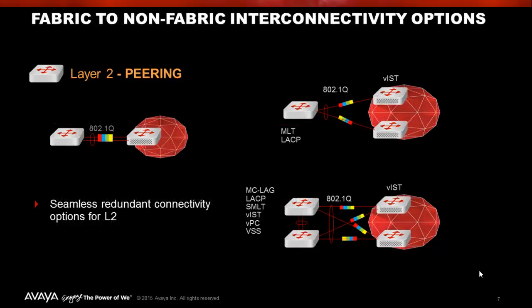Now, in order to really go further in the dialogue, we need to look at the tools involved. So the first set of tools we have are the layer 2 peering methods, and this is basically the good old-fashioned IEEE 802.1Q VLAN tagging. And as you can see, we can operate with all of the multi-link and link aggregation methods that are prevalent in the industry today.